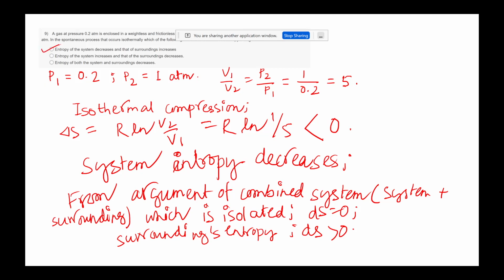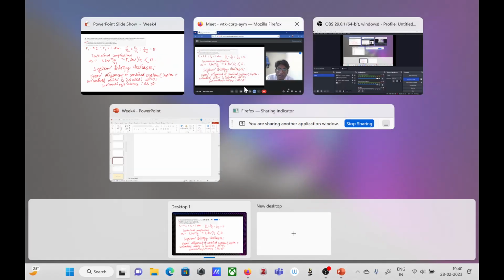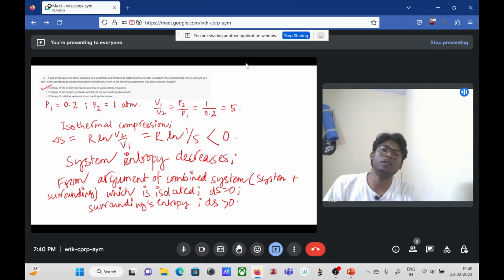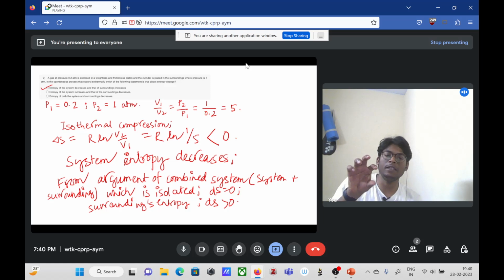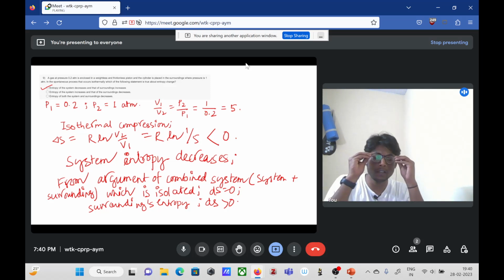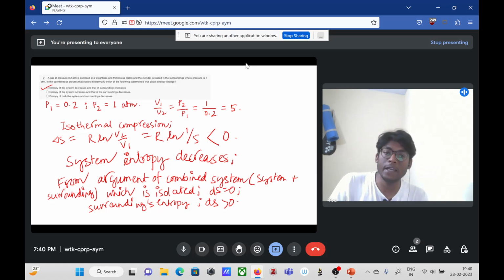Okay, so you can follow my argument, right? Why is this happening? Because when we are considering the system of our problem and the surrounding as a grand system, which is isolated because there is no heat exchange, then from the second law of thermodynamics the entropy doesn't change for that combined system.